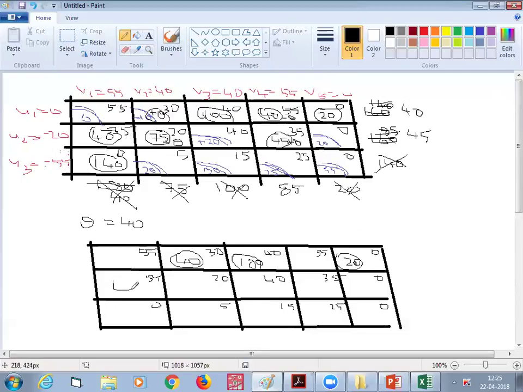This remains unchanged, 40. This is 140, remains unchanged. This becomes 35. This becomes 85.